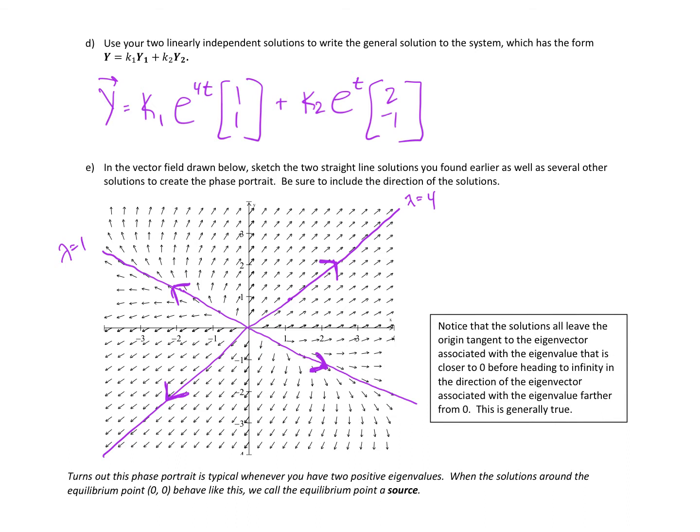And then I'm going to try to draw in a few other solutions. So it looks like they all start at the origin and then sort of swirl out like that. And then this kind of goes like that.